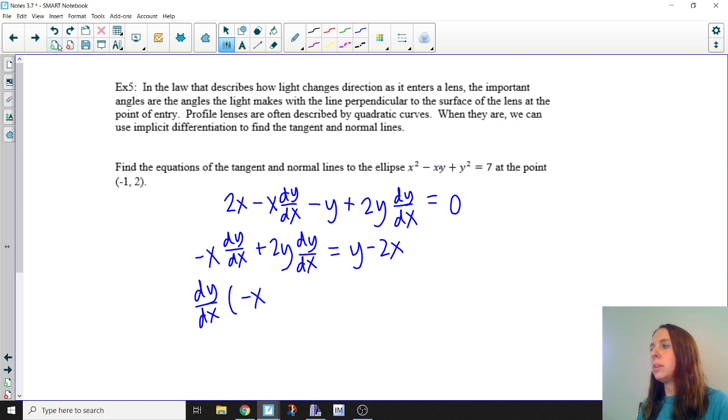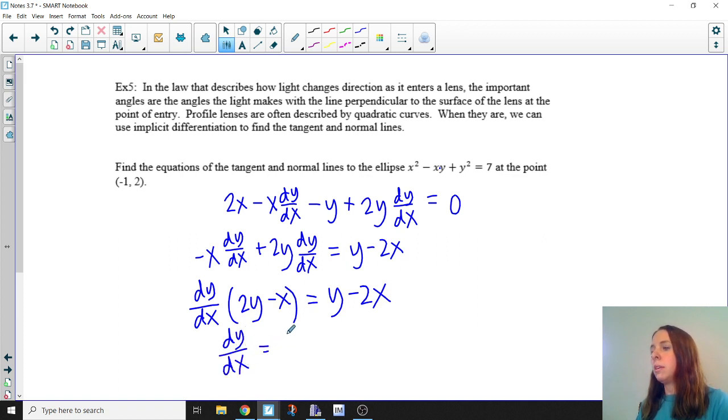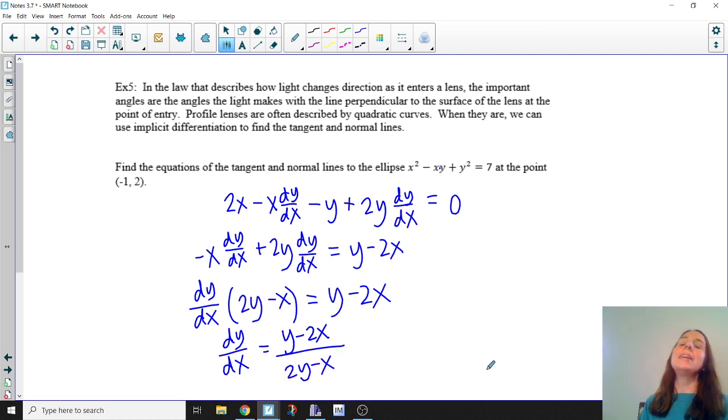I'm going to write that as 2y minus x because I like to. 2y minus x. And solve to get our slope of the tangent line equation. Y minus 2x over 2y minus x. Do not cancel anything there. Do not cross stuff out. Nothing divides out.